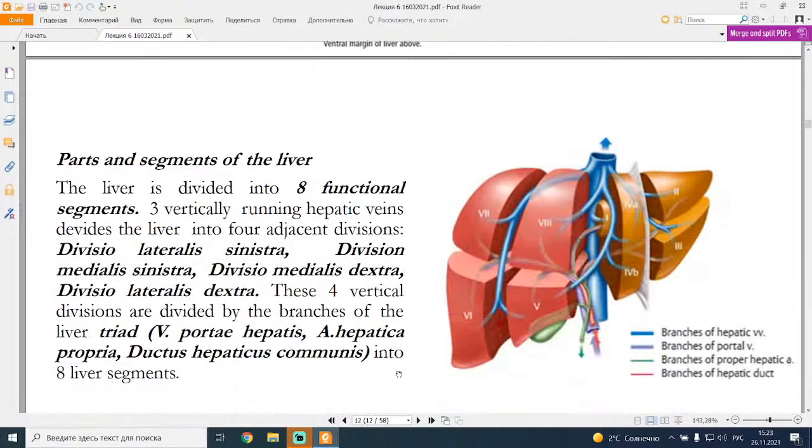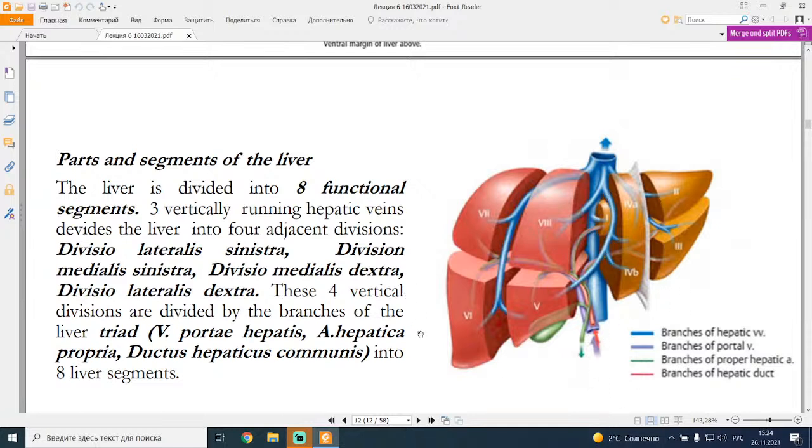Parts and segments of the liver. The liver is divided into 8 functional segments. Three vertically running hepatic veins divide the liver into 4 adjacent divisions.